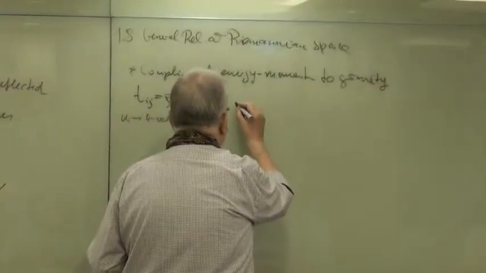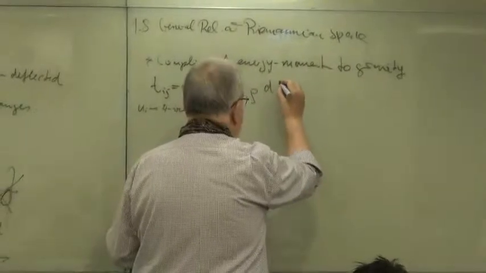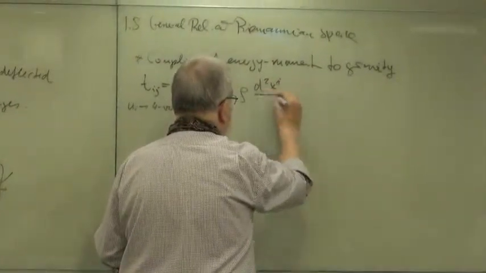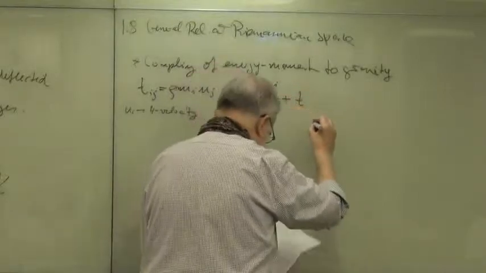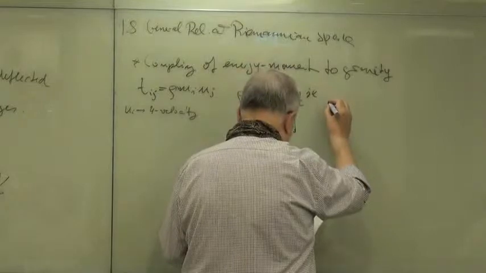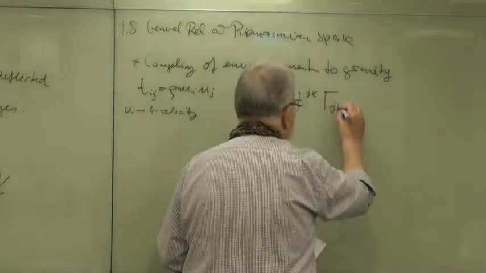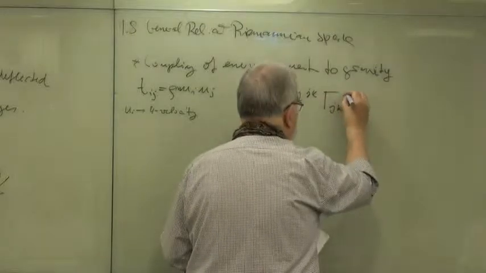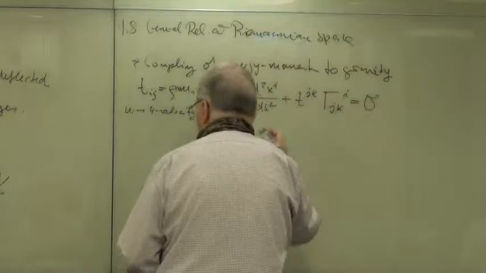What you then get is the following: rho times d^2 x^i over ds squared plus rho u^j u^k times Gamma^i_jk equals 0. That's a very important equation.